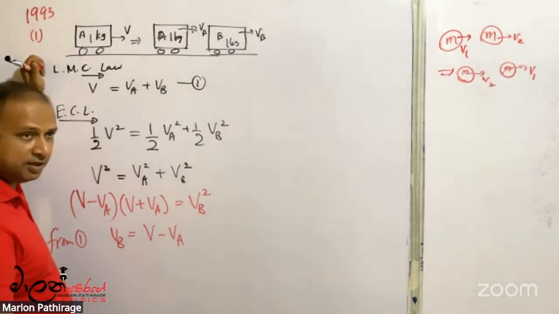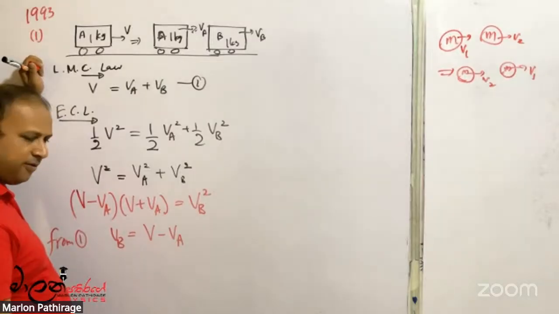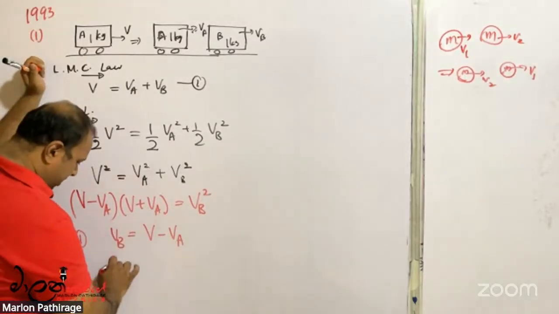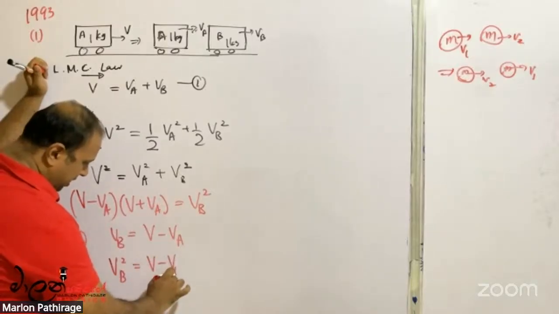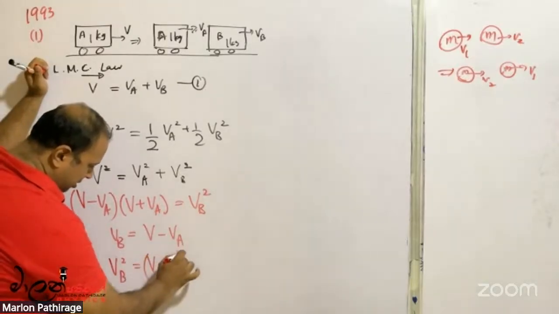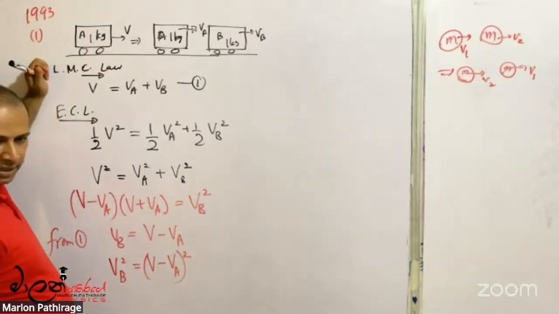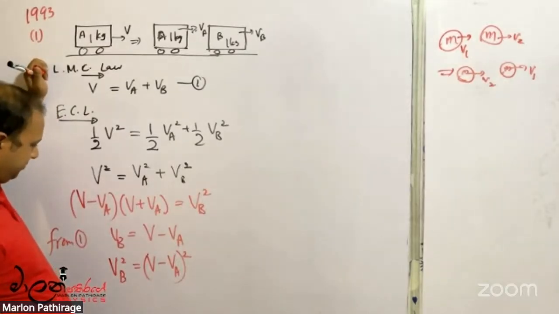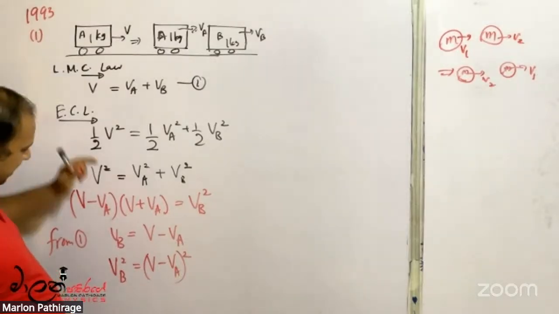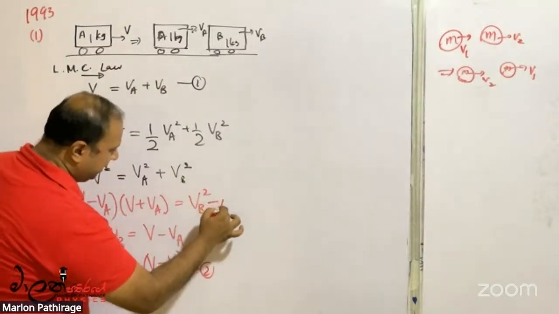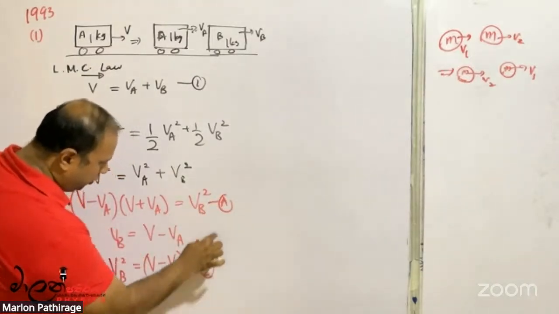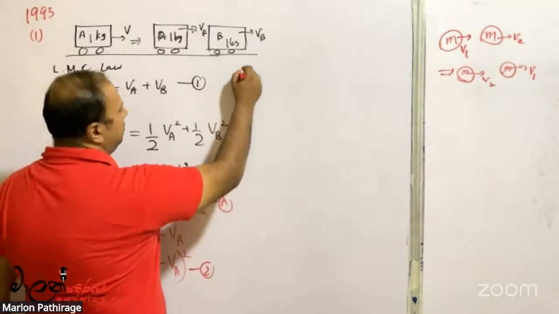Therefore, vb squared is equal to v minus va, squared. And then I can apply this one to equation 2.